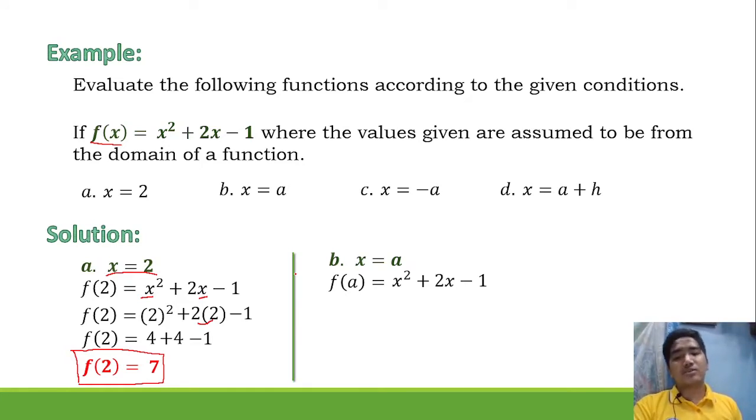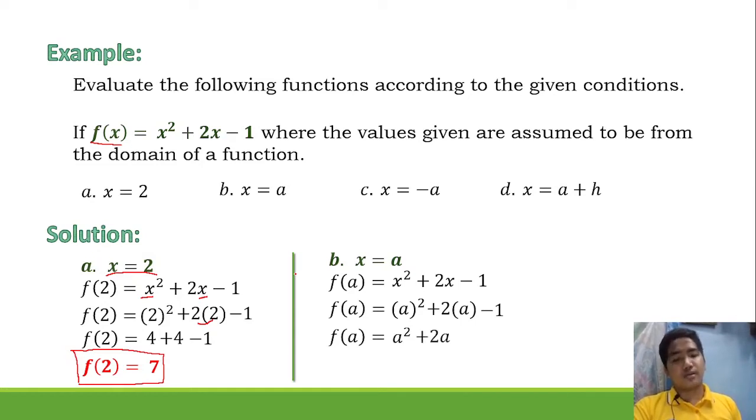Then we substitute the value a into our function, so x becomes a squared plus 2 times a minus 1. So f of a is equal to a squared plus 2a minus 1.